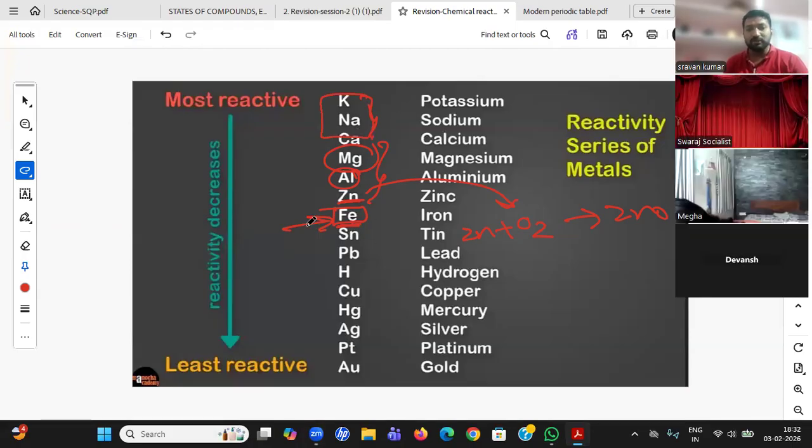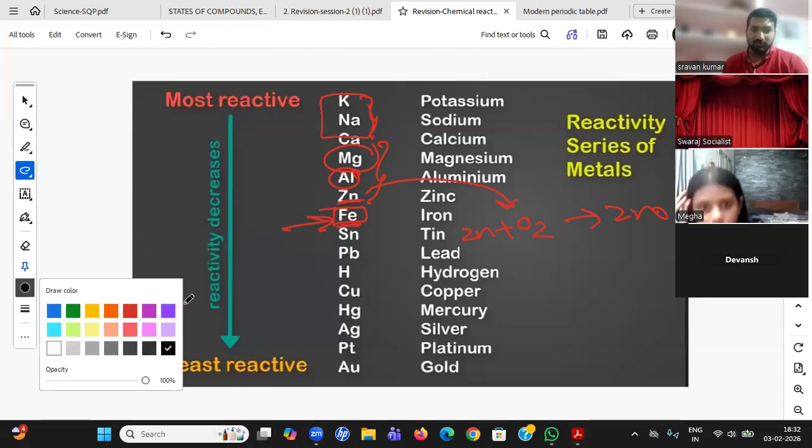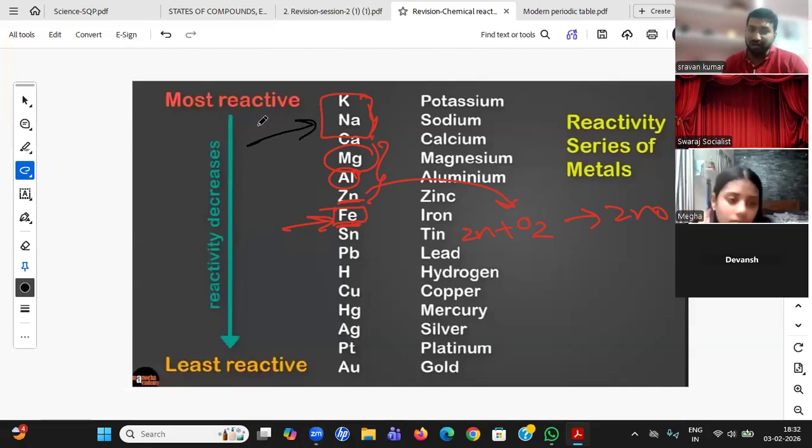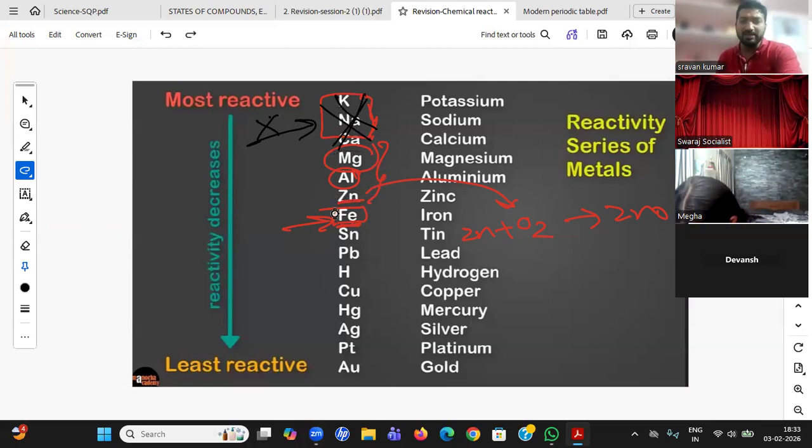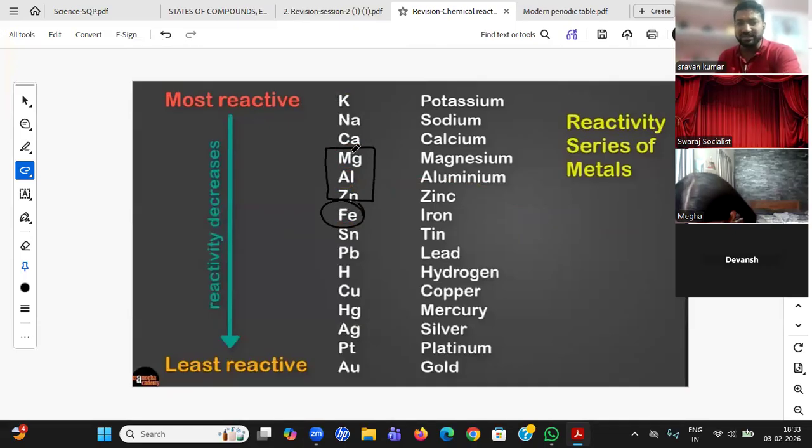Sir, you can't use those because they are so very reactive. You paint it today, by tomorrow it will be gone, and we should not waste it. So if you want to preserve iron, the metals that sacrifice can be chosen from this list: magnesium, aluminium, and zinc.